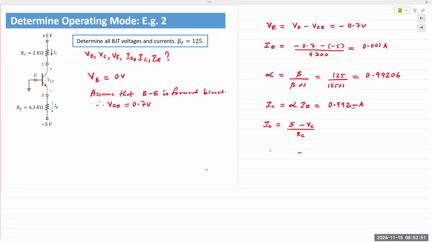Hold on. So IC is 0.992 times 10 raised to minus 3, times 2000.